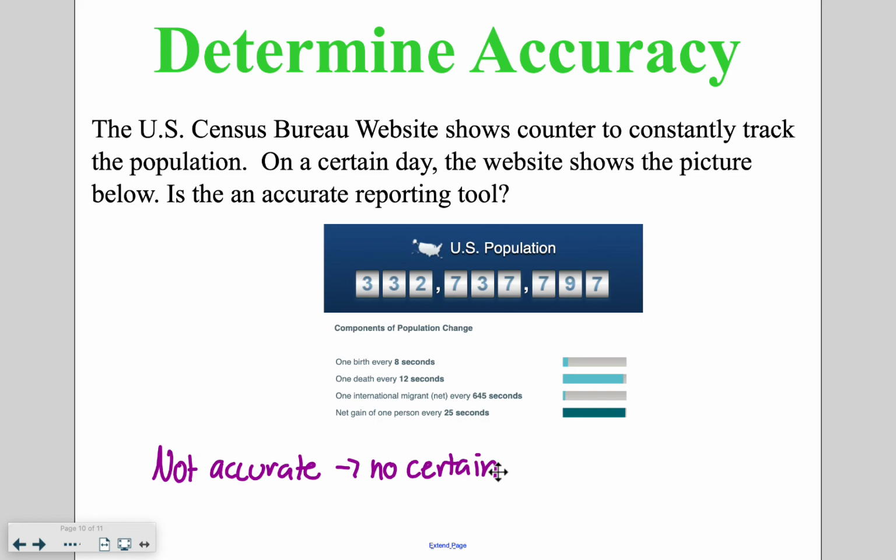So how do we deal with this? A better way in this case is to give a less precise answer. So we want to be close. So as we're looking at this, I could round to the millions. That's going to be a range that we can deal with.